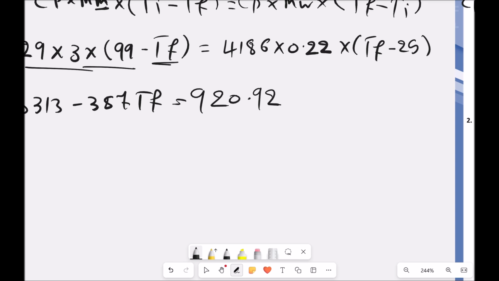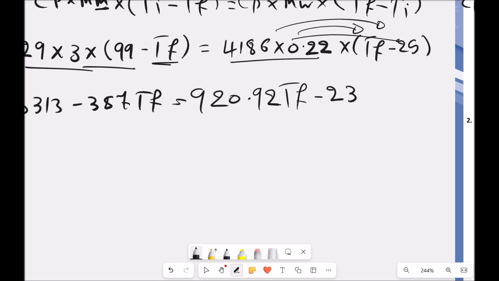Make sure to multiply by T final. What I'm doing here is just multiplying this number by this one and this one. Then minus, multiply this by this, you get 23,023.